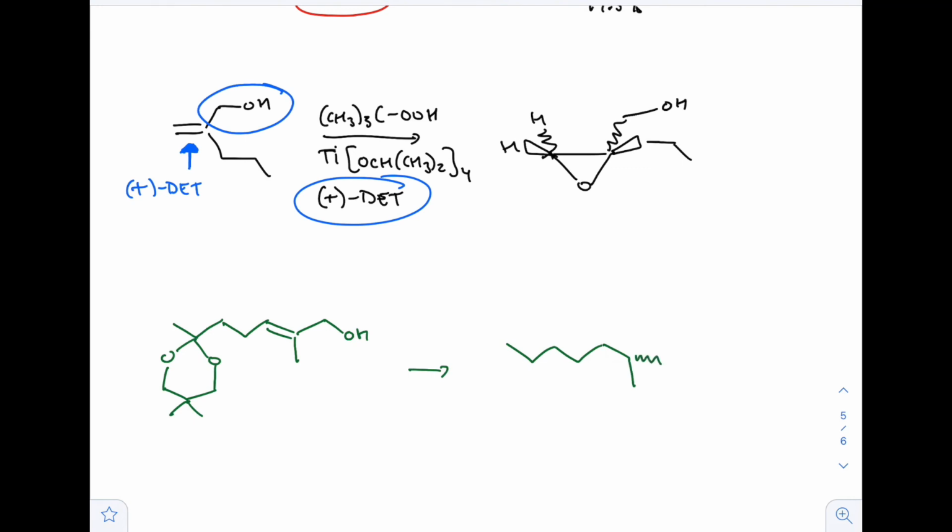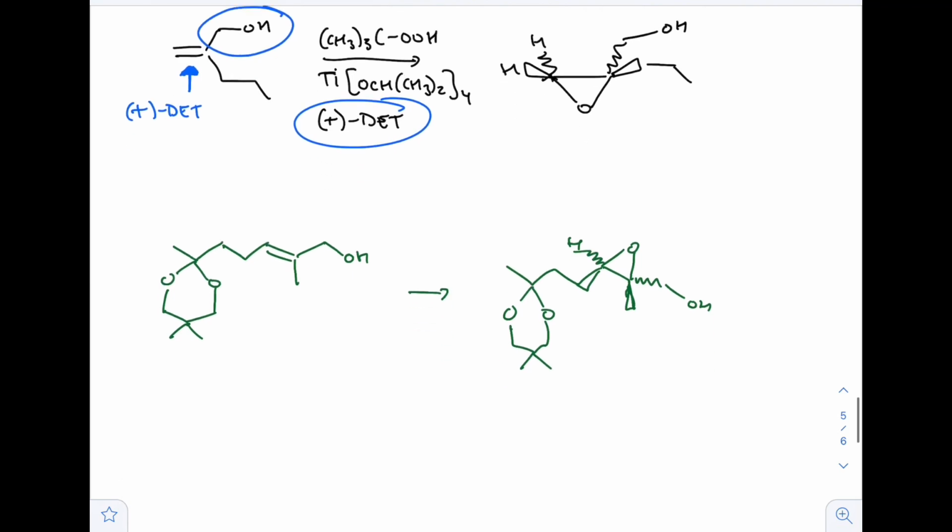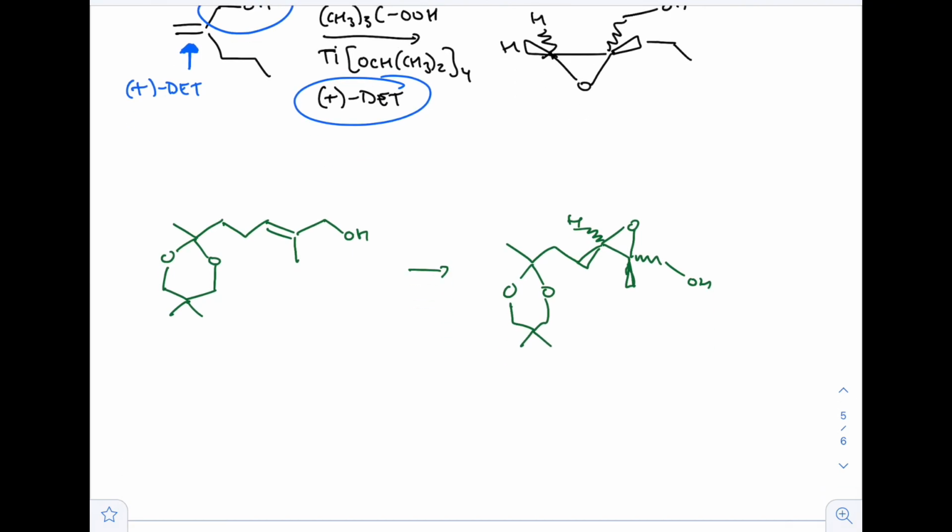So we have this allylic alcohol, right? And we really want to just try and figure out what the product is, or we can figure out what we started with to get the product. In this case, I'm going to draw this product for you, and I want you to tell me which Sharpless reagents I used. So obviously the tert-butyl hydroperoxide and the titanium tetraisopropoxide are always going to be used, but are we using positive or negative DET?